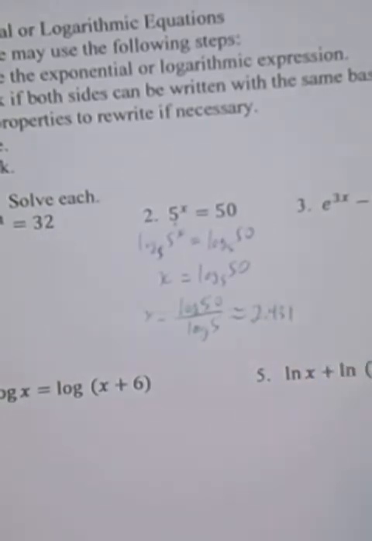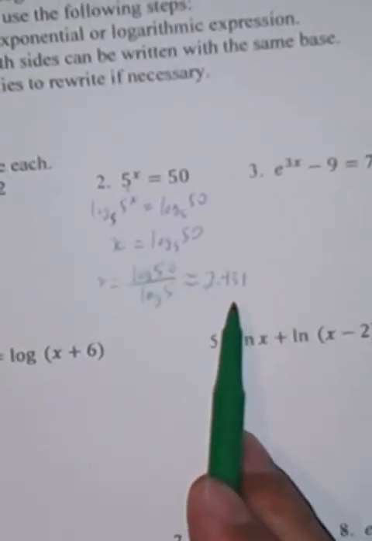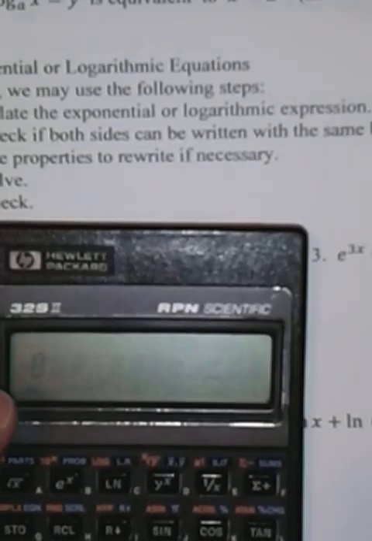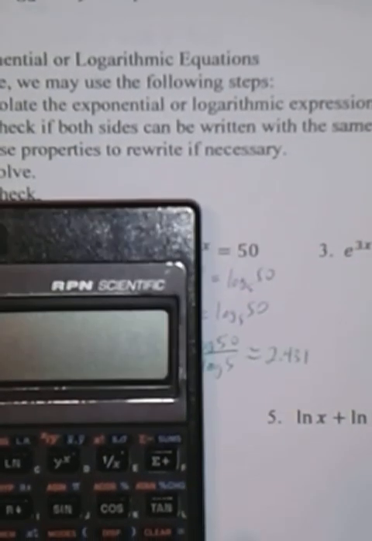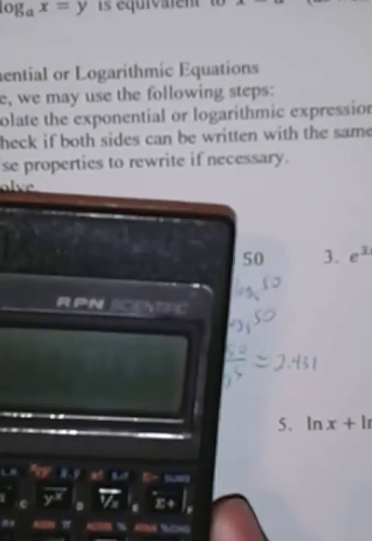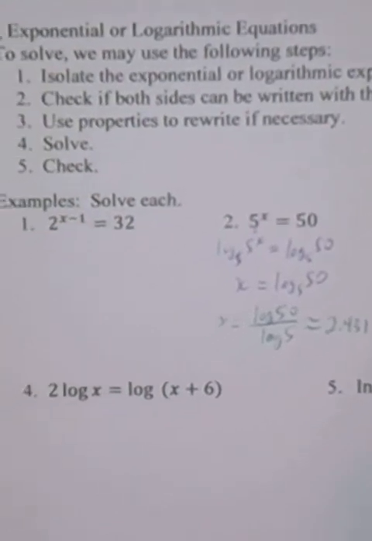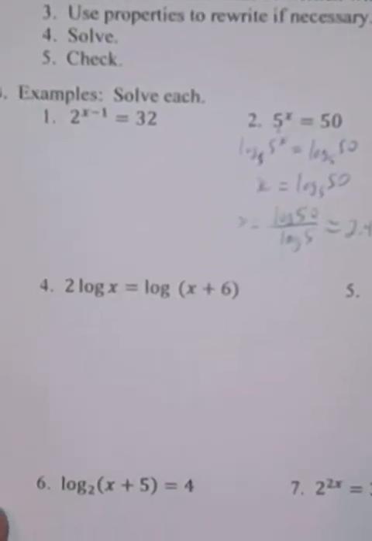Notice this is to the nearest thousandth, and I just decided on that. Whatever they ask me to do, I'm fine. Okay, so that means 5 to the 2.431 should give me pretty close to 50. I'm going to check that just to make sure. 5 to the 2.431 gives me 50.026. So that means I'm good. All right, let's try number 4. Oh, I think I'm going to stop my video here. All right, so we'll pick up on the next part.